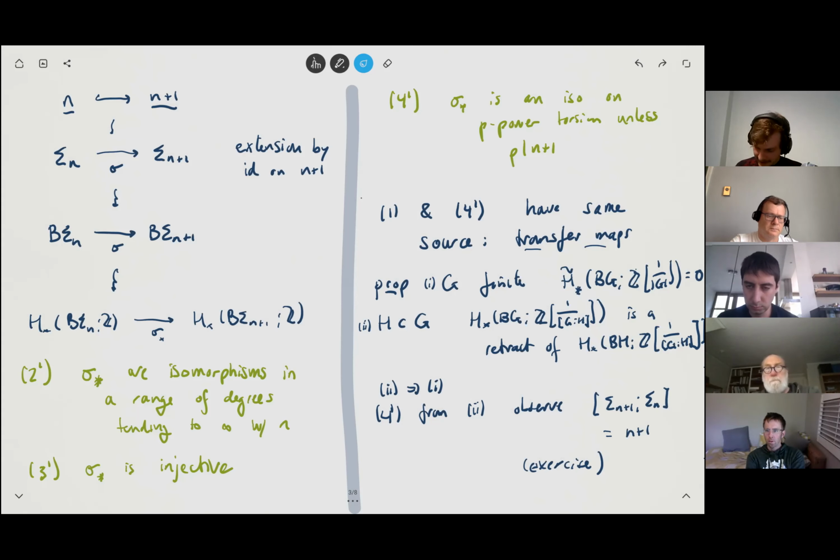What I mean is that there are maps both ways, such that when you take the composition starting and ending at the homology of BG with these coefficients, that's the identity. So in other words, the homology of BG with these coefficients sits inside of the homology of BH as a direct summand.